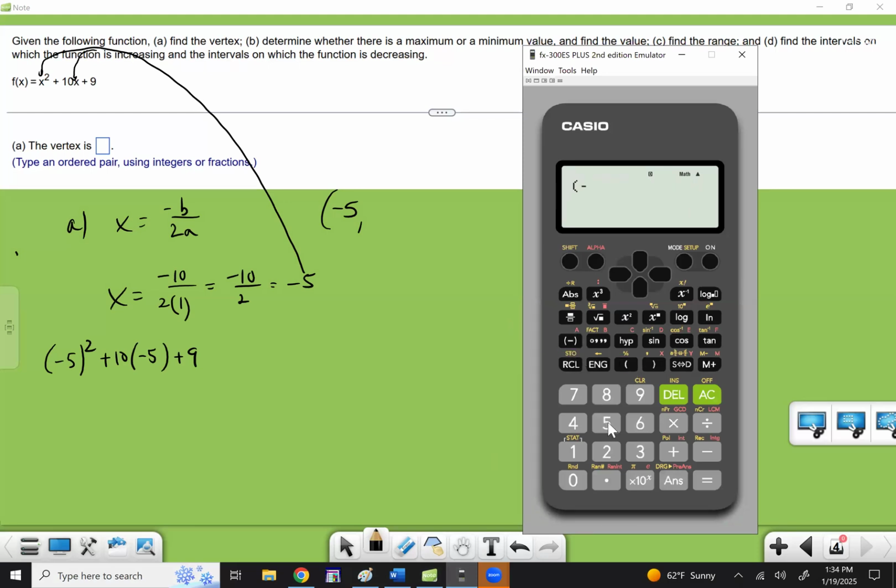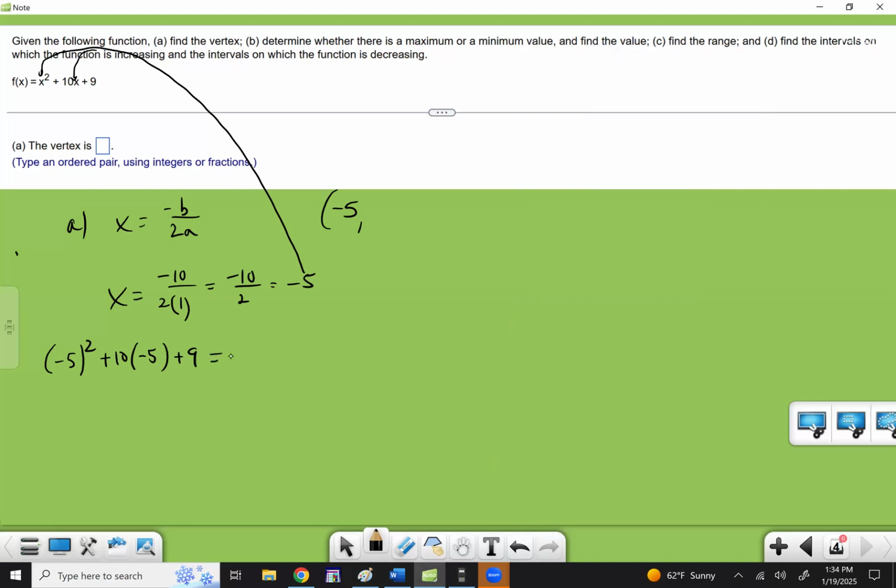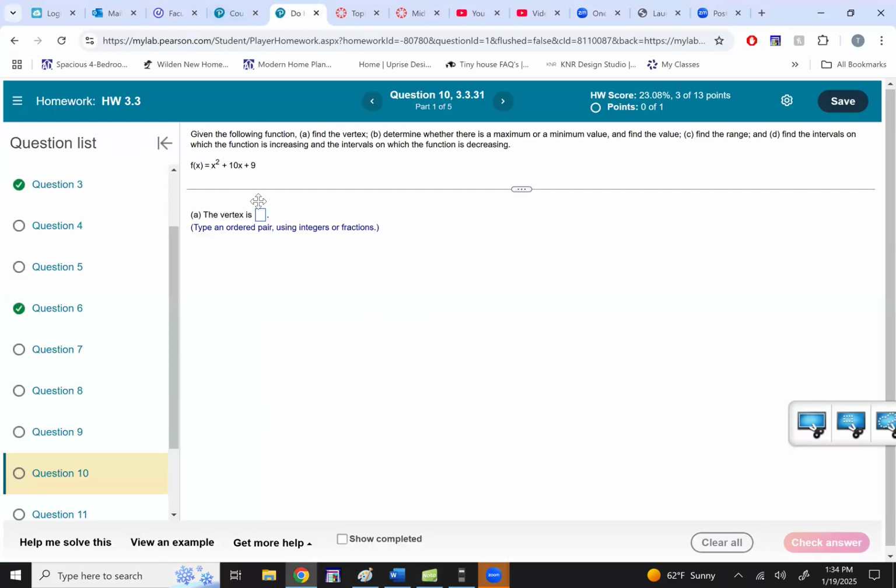All right, so parentheses negative 5 squared plus 10 times negative 5, and then plus 9. Let me double check really quickly everything I've typed. It looks like we're getting negative 16 for our y value. So we have our vertex of negative 5, negative 16. Let's go put it in.